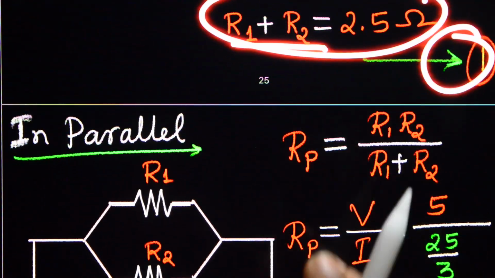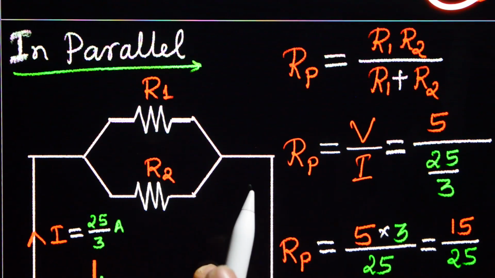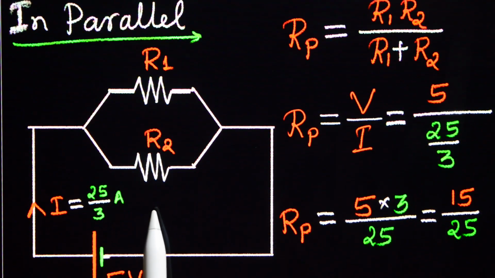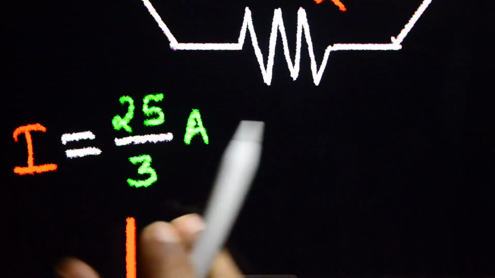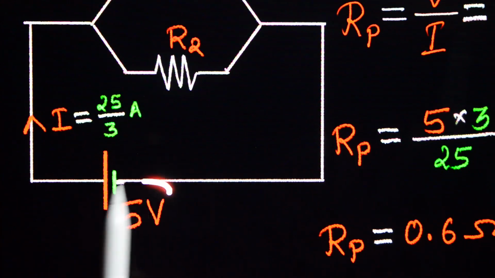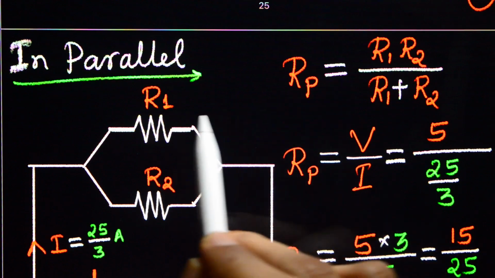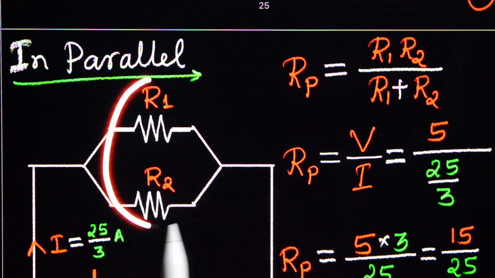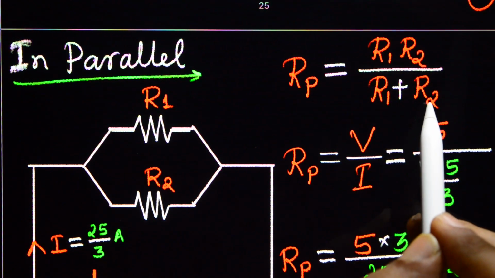Now in parallel, the same two resistors are in parallel. When they are in parallel, the current through the circuit is 25 by 3 ampere. The applied potential is the same, that is 5 volt. Here Rp, the effective resistance of the combination of these two, is equal to R1 into R2 divided by R1 plus R2.